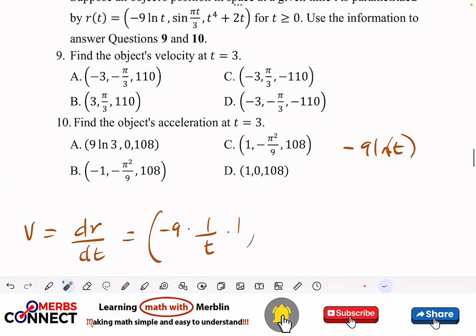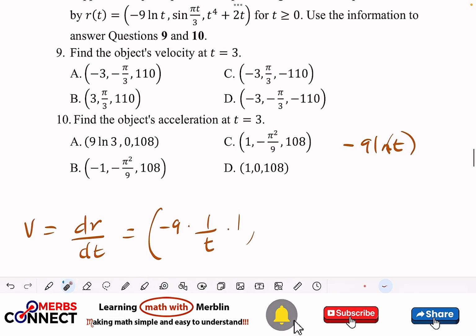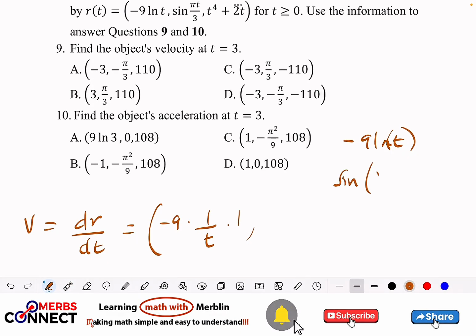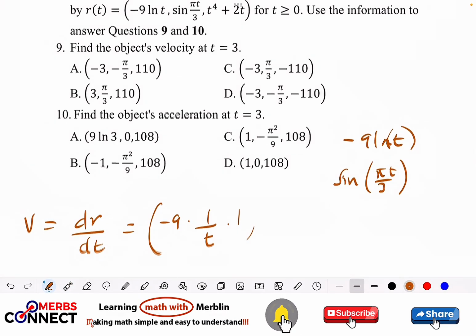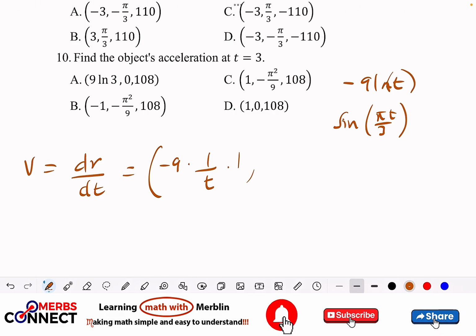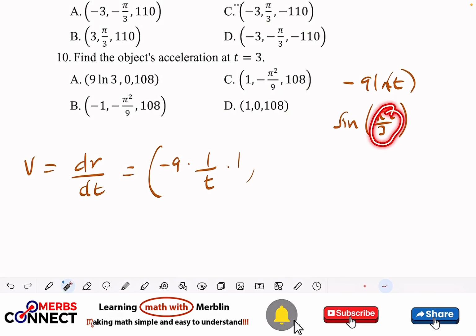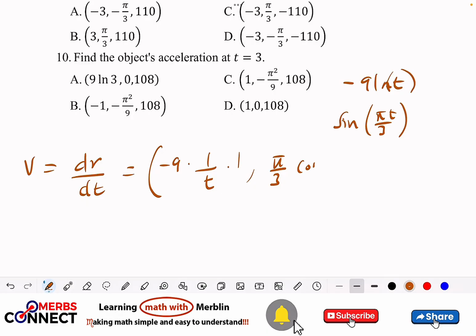Then I go in again, I have sine pi t over 3. So when I differentiate sine, I get cos, right? But when I finish, I need to differentiate what is inside with respect to t, which is going to give us pi on 3. So this is going to be pi on 3 cos pi on 3 t.